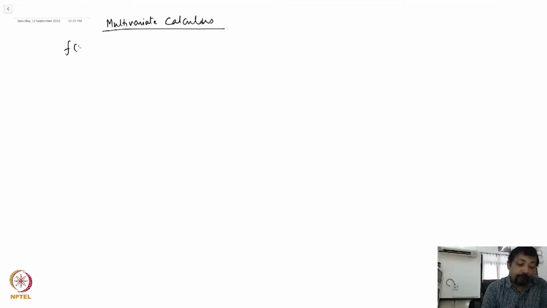So if I have a function of x and y, earlier for one variable calculus, I know that if I have a function f(x), then df I can write down as df/dx dx. But now I have a function of two variables, and therefore I want to find out the total change in the function df.